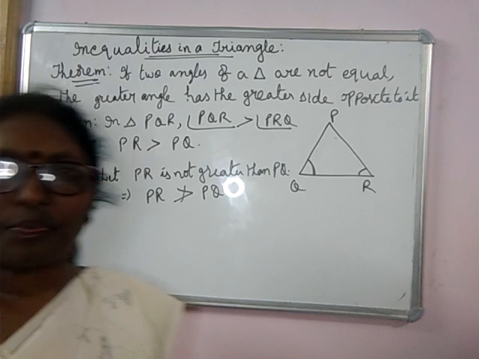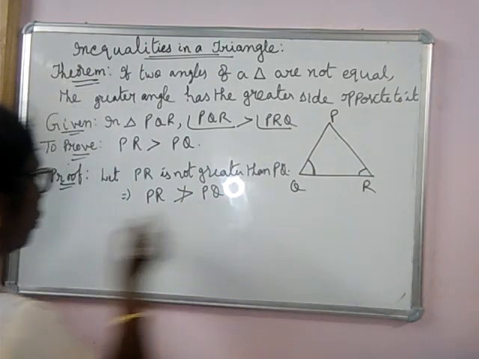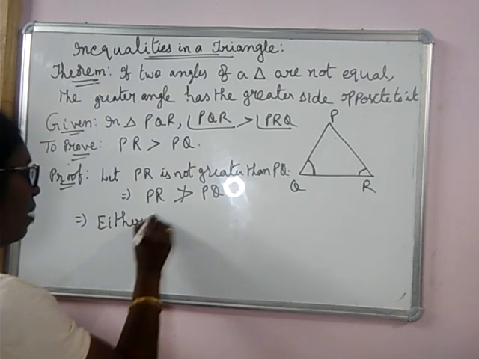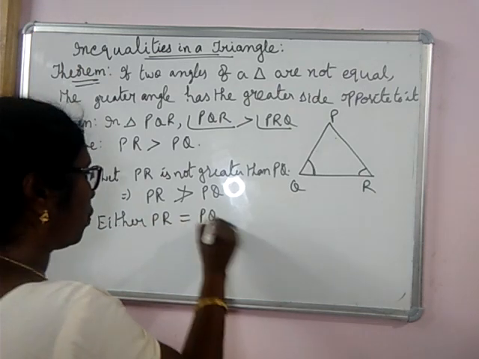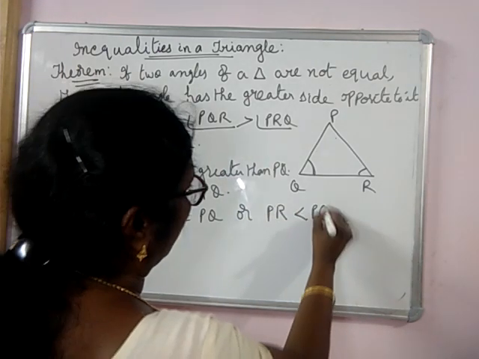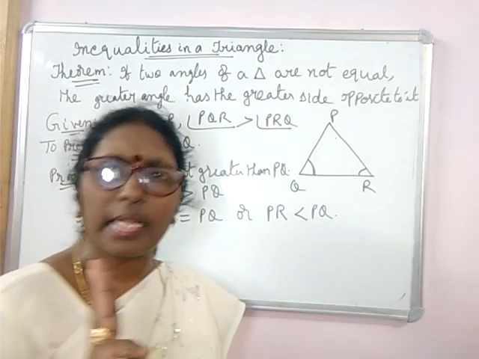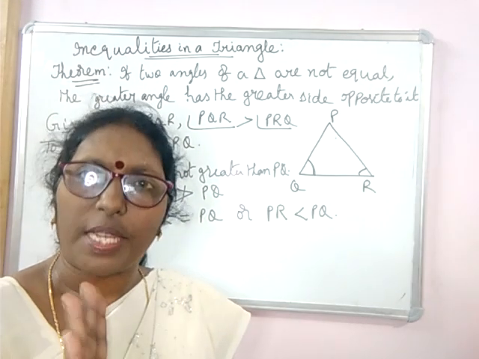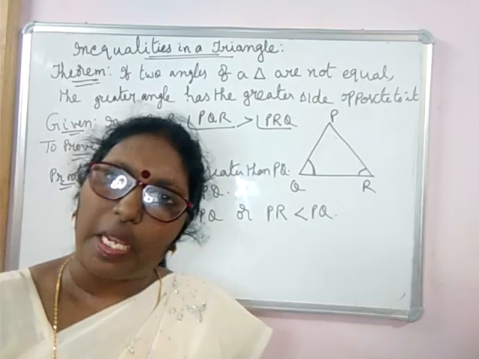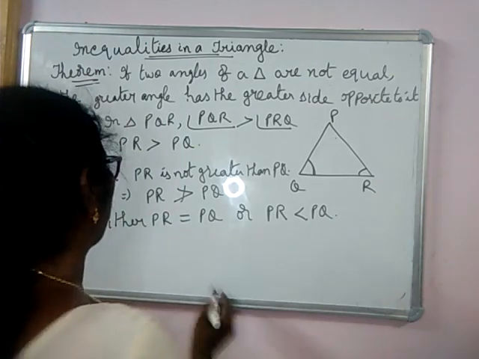If PR is not greater than PQ, that implies either PR is equal to PQ or PR is smaller than PQ. Yes or no? If PR is not greater, only three situations are possible.